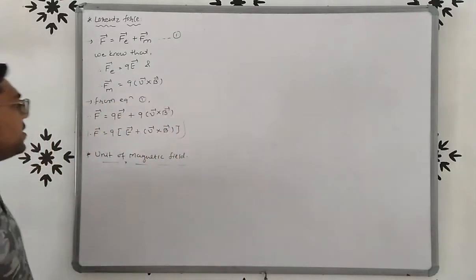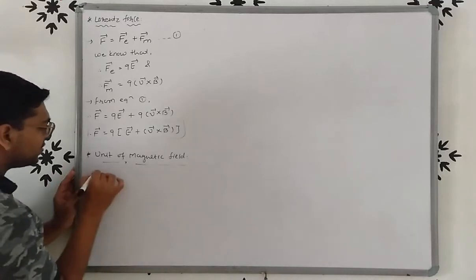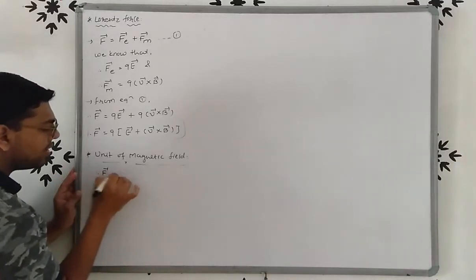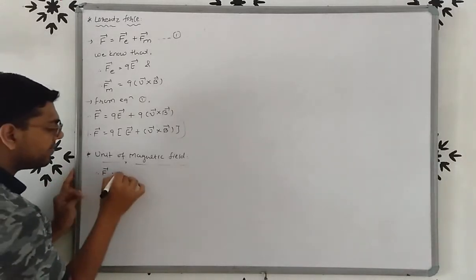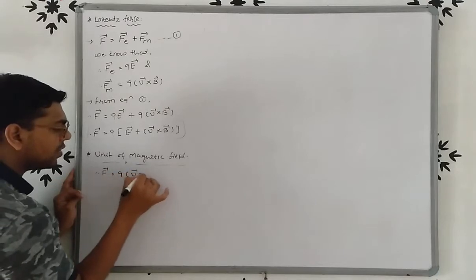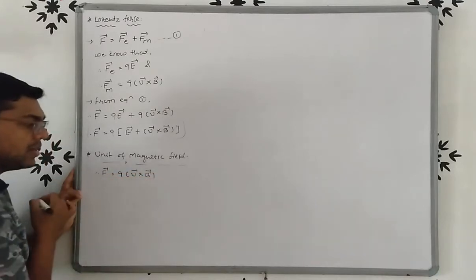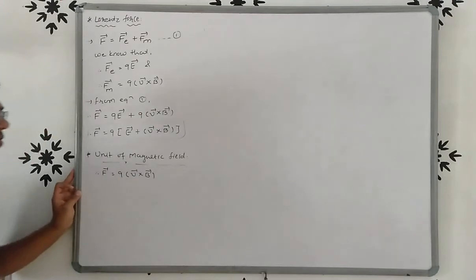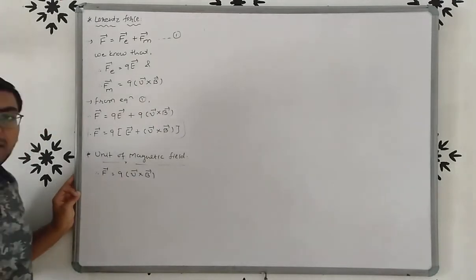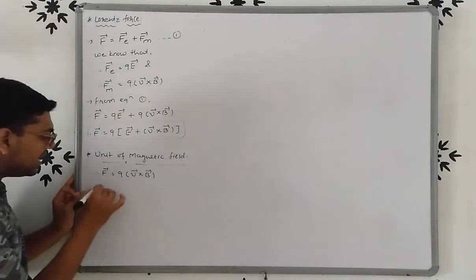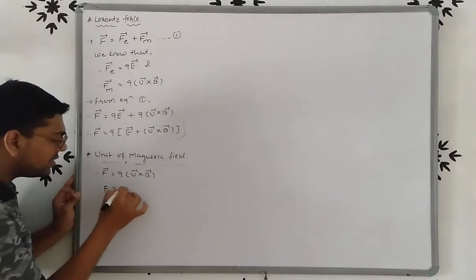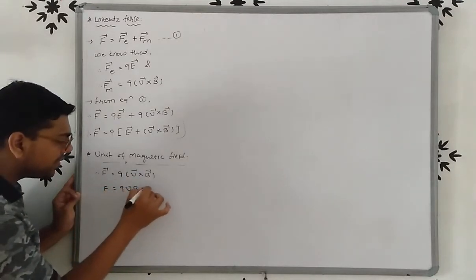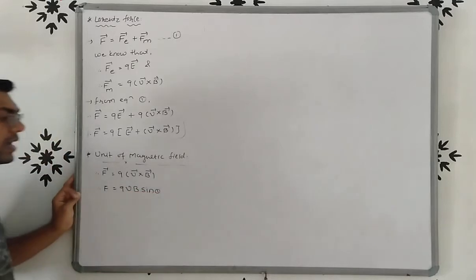Yesterday we proved this formula: force due to magnetic field F equals Q into V cross B. Here vector V cross vector B means VB sin theta. So we can write that F equals QVB sin theta, right?